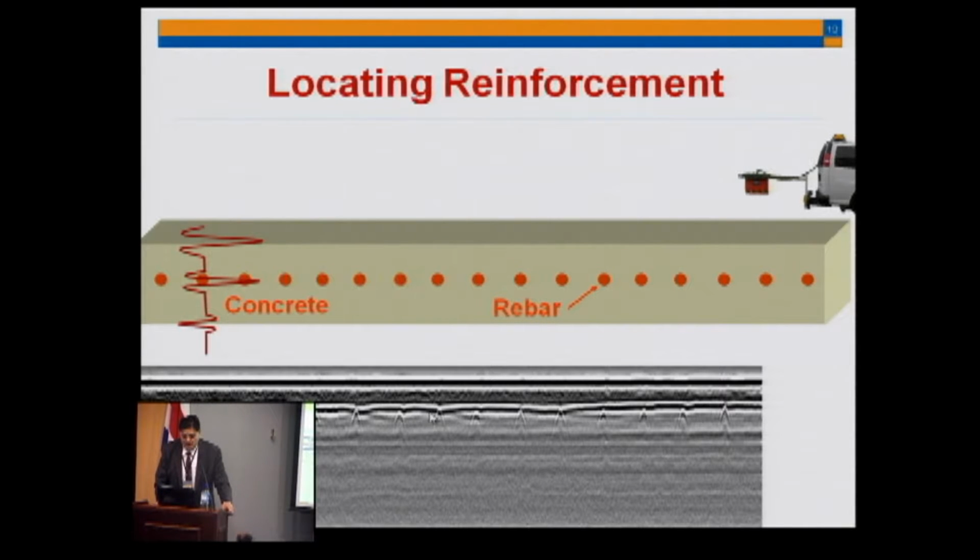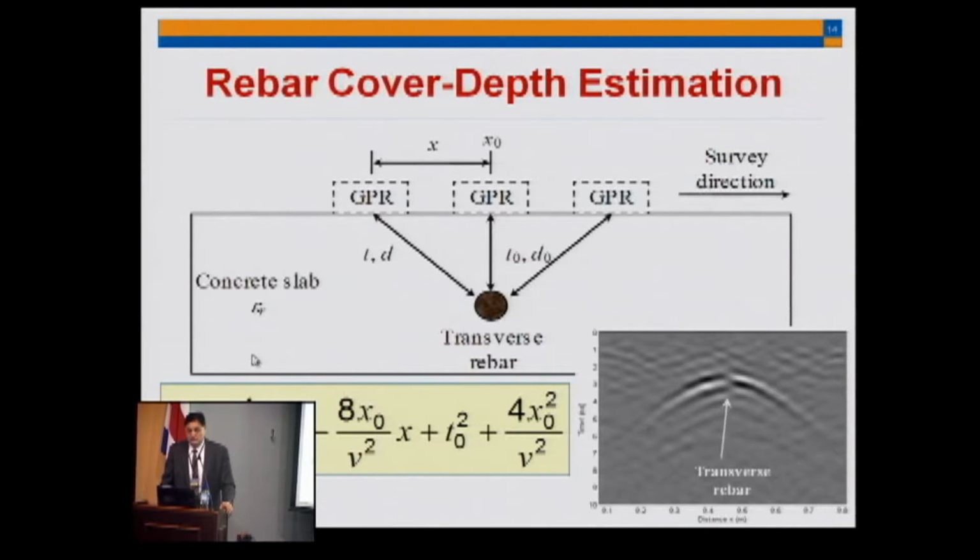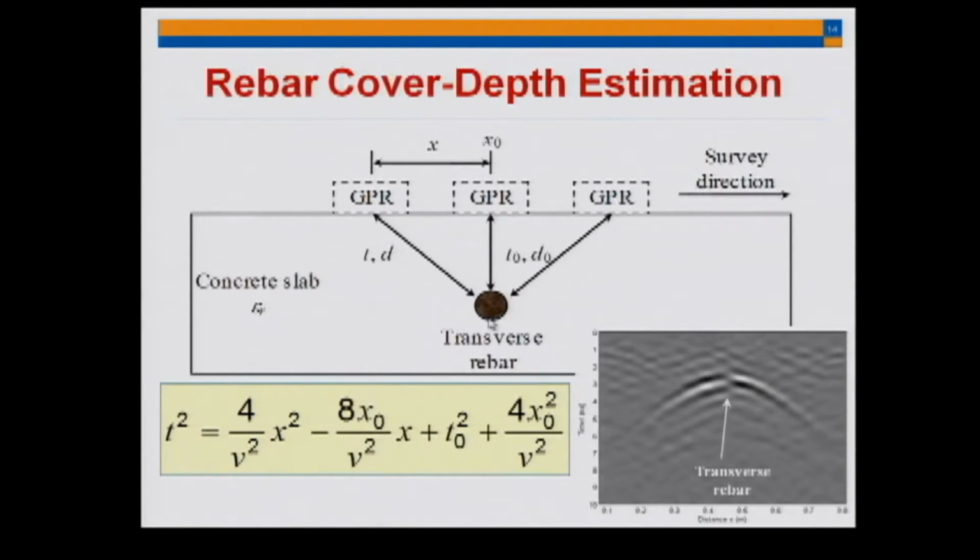Now, this concave shape is not because the rebars are circular, it's just because of the way that you are approaching it. So this is the GPR, it's far from the rebar. As it's getting closer, the signal gets closer until it reaches the rebar, and from that we can calculate the cover depth that you have on top of the reinforcement.